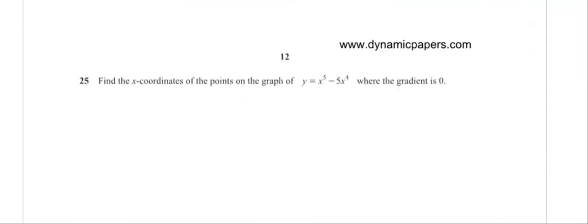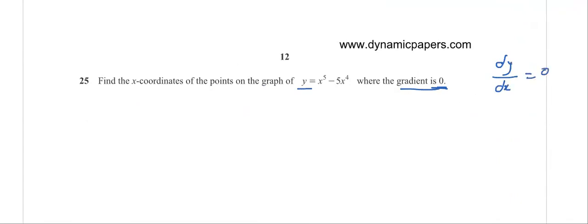Now next one, question number 25. Find the x coordinate of the point on the graph of this one, where the gradient is 0. Now we remember very well that if the gradient is 0, we put the derivative equal to 0.